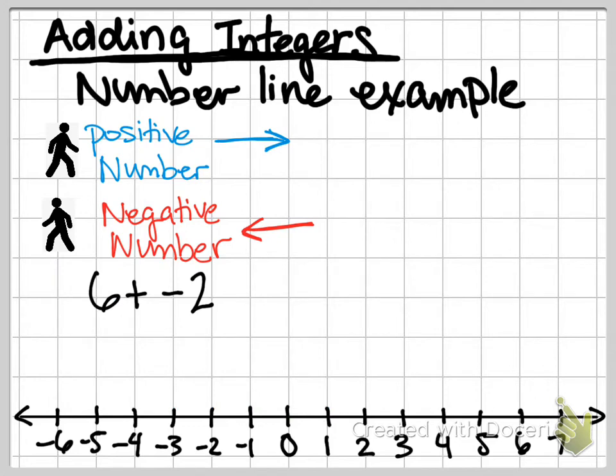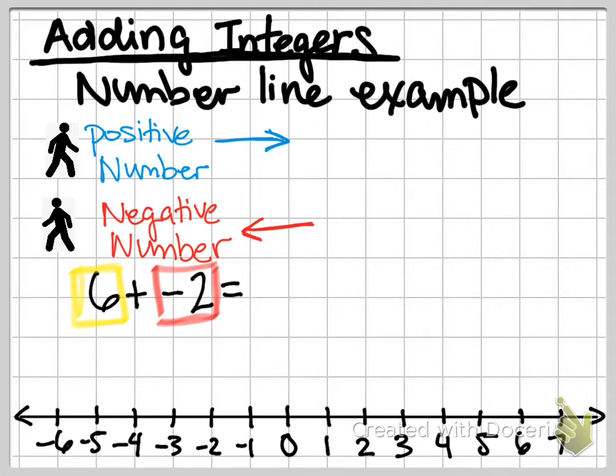Okay, so here's our new example. We've got a positive number and a negative number. So again, let's look at that first number that they gave us, 6. That's our starting point. And then we've got our second number, which is this time a negative number. That tells us what direction our person is facing. So instead of using the top person, we're using the bottom person.